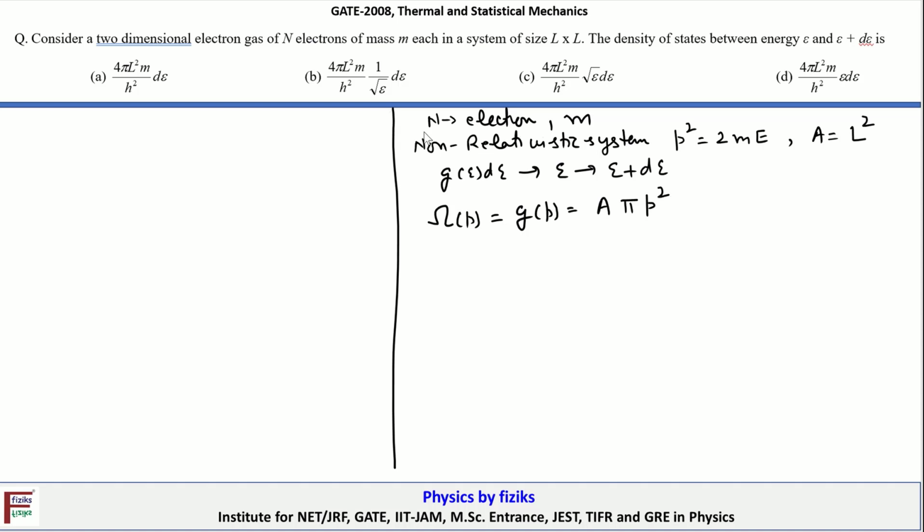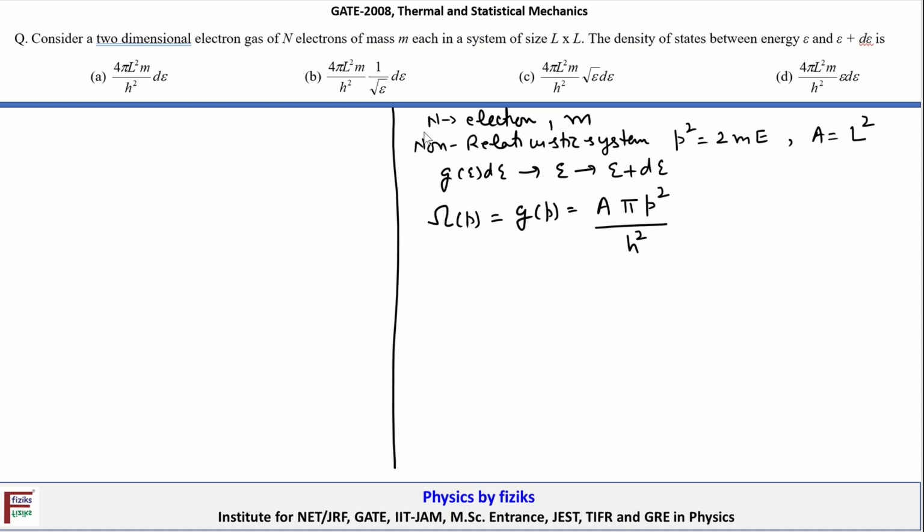That's basically the available phase space volume, divided by h square, the elementary area bounded by a single unit cell. That will give us the total number of states with momentum less than or equal to P.